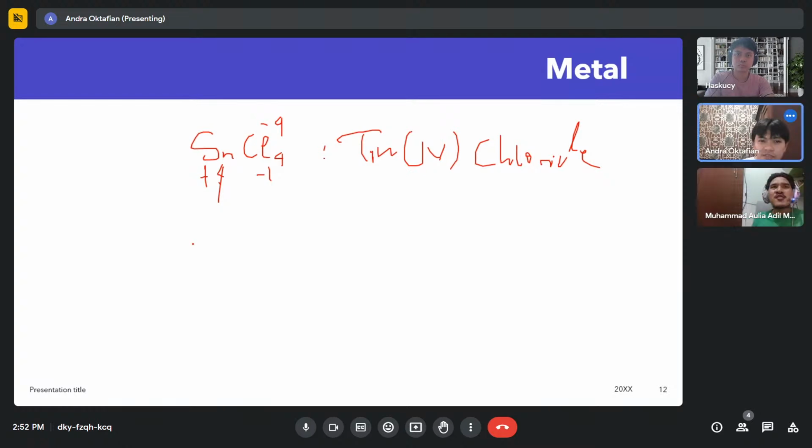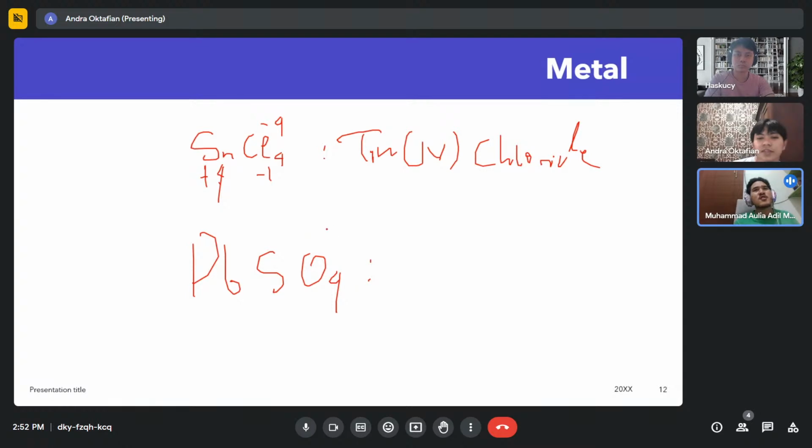Okay, what about plumbum sulfate? Yes, plumbum, sulfate. Remember that SO4 is actually 2 minus.